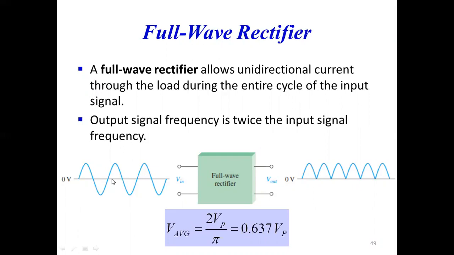And that's why it is known as a full wave rectifier. So just see here, during positive half cycle you are getting output signal, during negative, during positive, during negative, and so on. So the average voltage of this full wave rectifier will be double that of the half wave rectifier. The same formula is used here, Vp upon pi, only it is multiplied by 2. So whatever average voltage we were getting using the half wave rectifier, double of that we receive using the full wave rectifier.